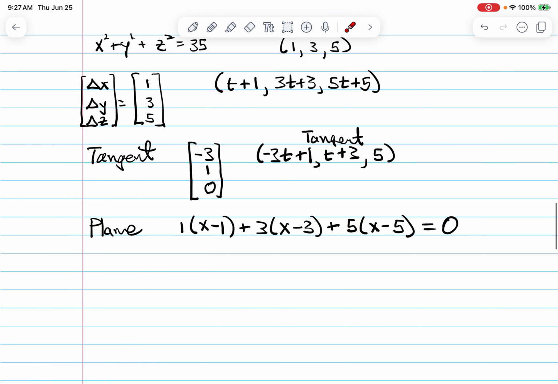This right here is the delta x on the plane, the delta y on the plane, and the delta z on the plane. That's what these are. Okay. So we broadened, instead of just finding the tangent to a circle, we're finding the tangent to a sphere, and also the tangent plane.